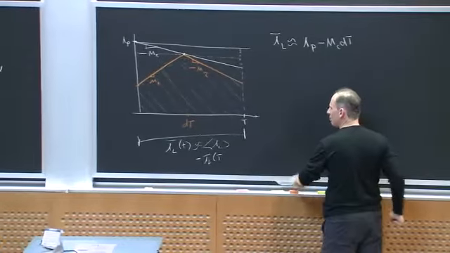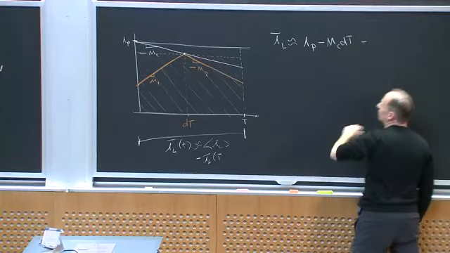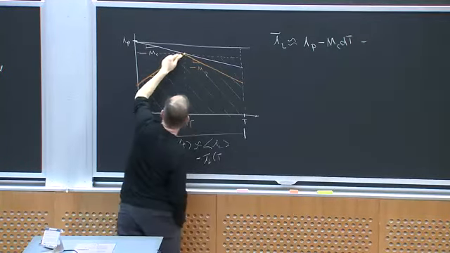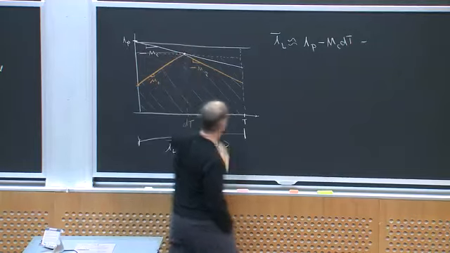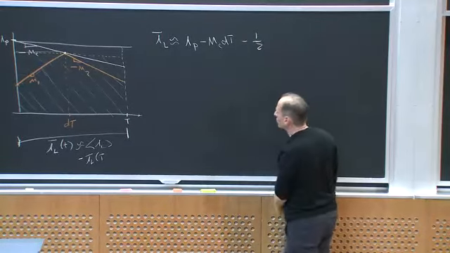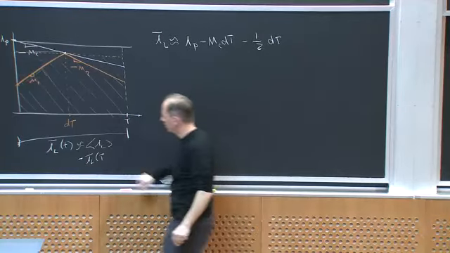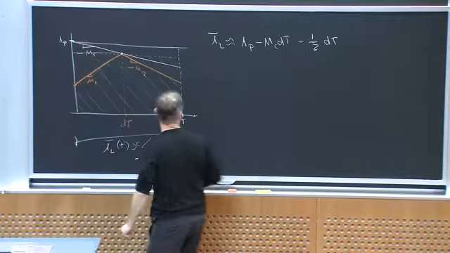So if I do that, I've got to subtract off the area of this triangle here. That would be minus 1/2 the base, which is dt, times the height, which is dt times m1.